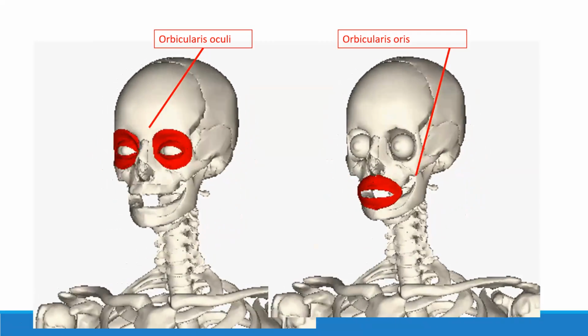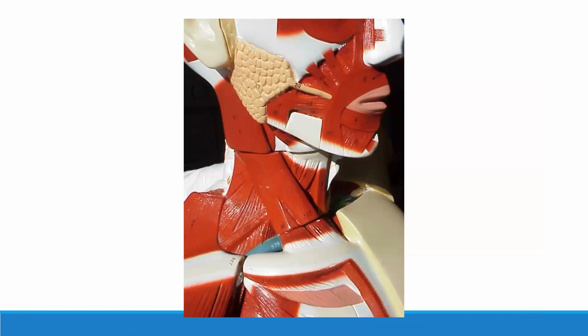Here we see one of the chewing muscles. This is the masseter. The masseter's insertion is on the mandible, and it elevates the mandible and allows us to chew, because the maxilla, the upper jaw, doesn't move. Only the mandible moves up against it.